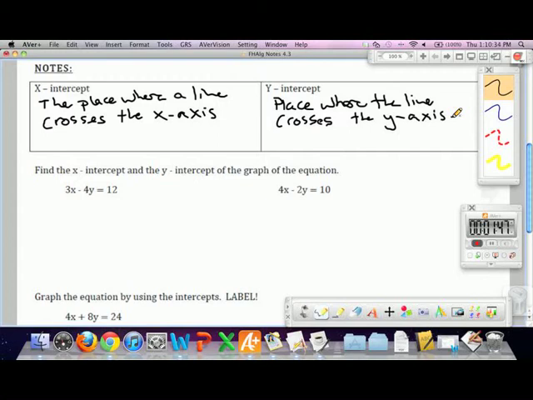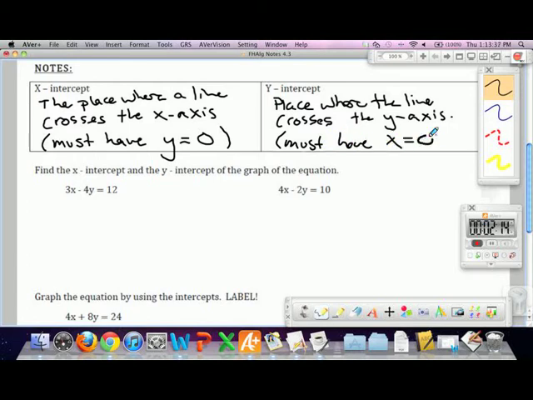Any point on the x-axis, or the x-intercept, must have its y value equal to 0. So similarly, to be a y-intercept, you must have an x value equal to 0.